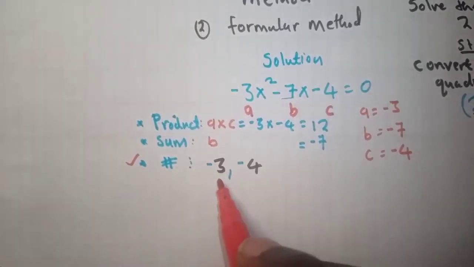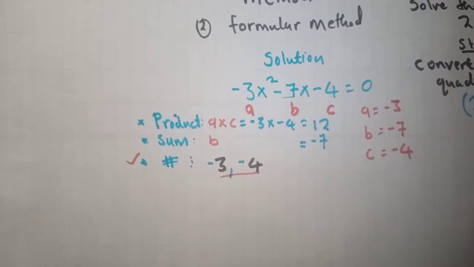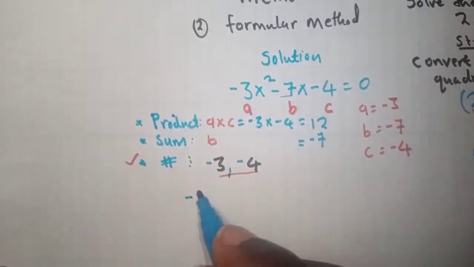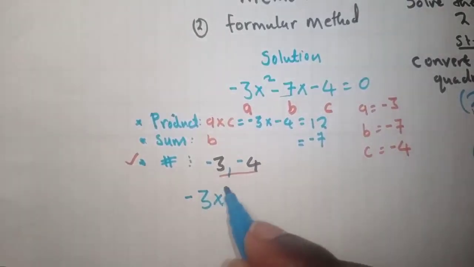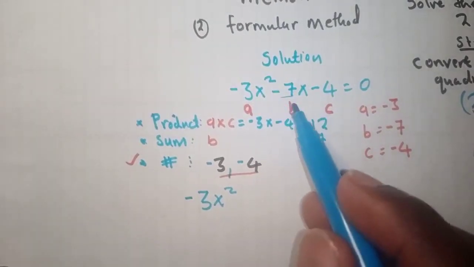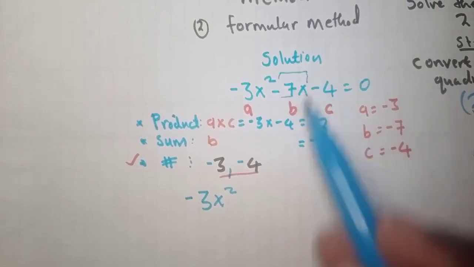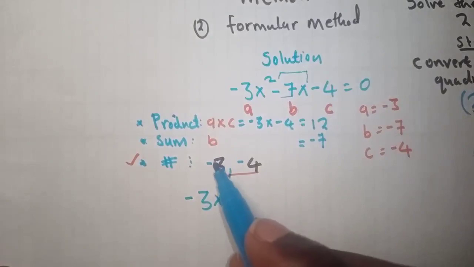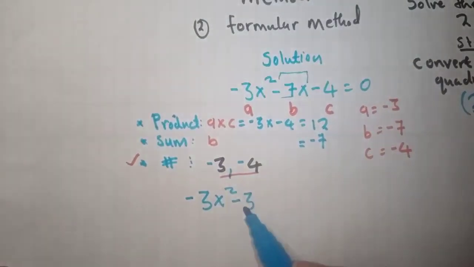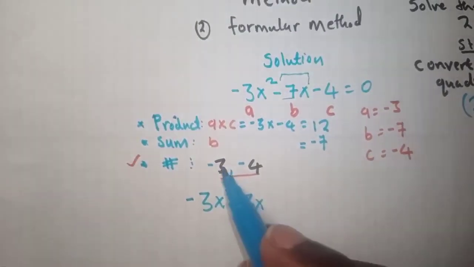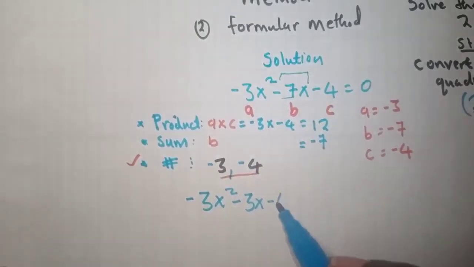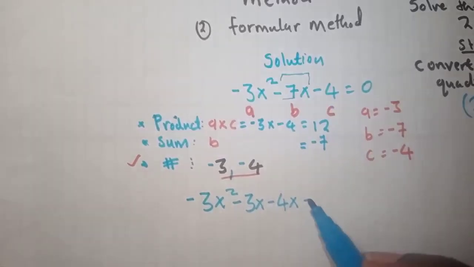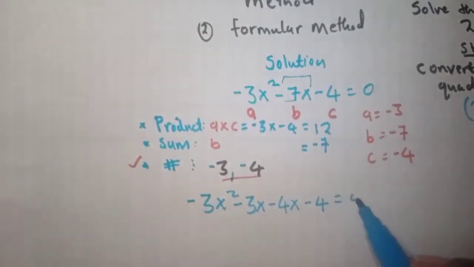After we have found our two numbers, it's pretty easy. You go back to your equation. You say negative 3x squared, and this middle term, negative 7x, we replace with our two numbers: negative 3x and negative 4x, then negative 4 is equal to 0.